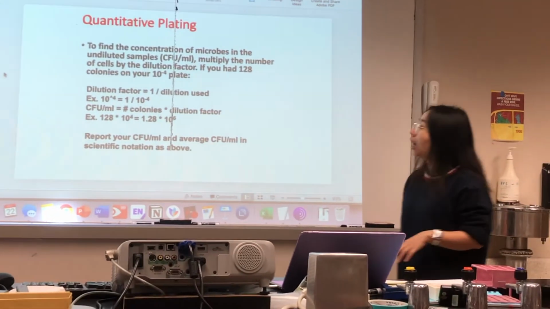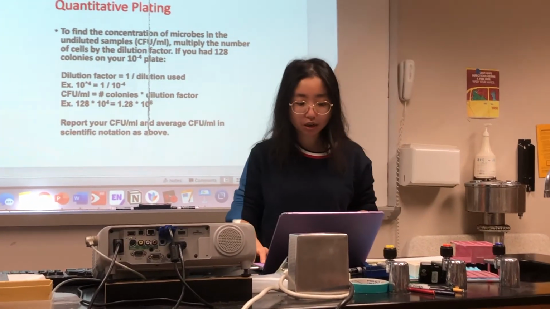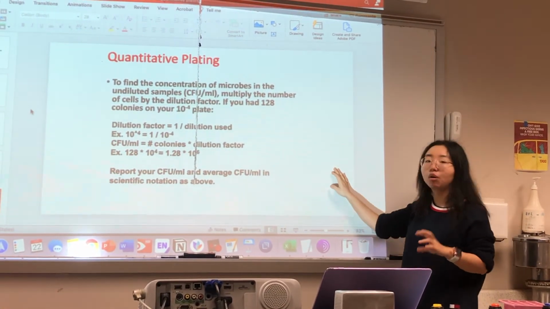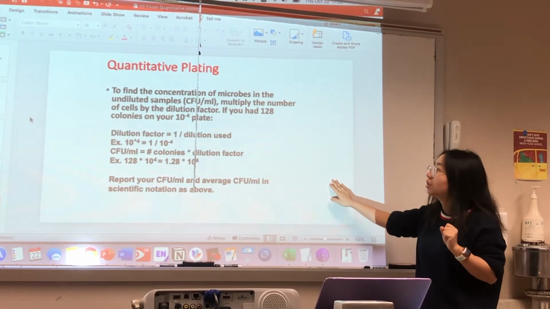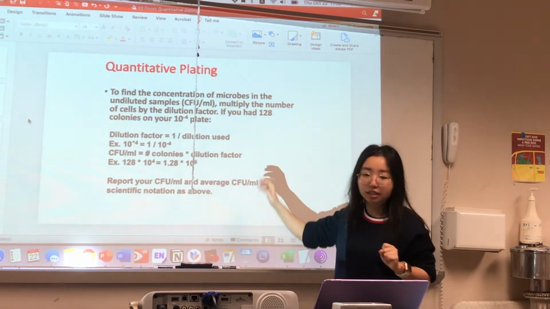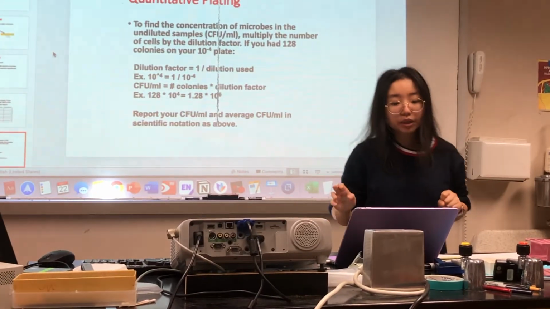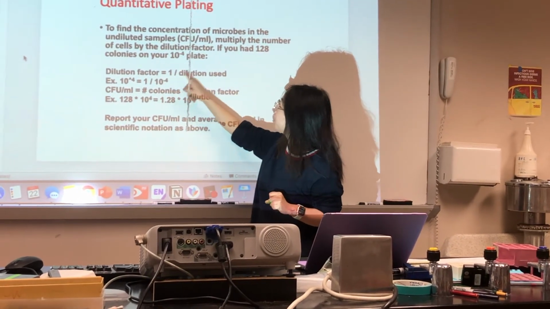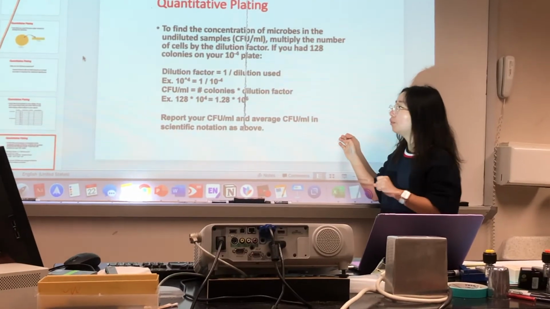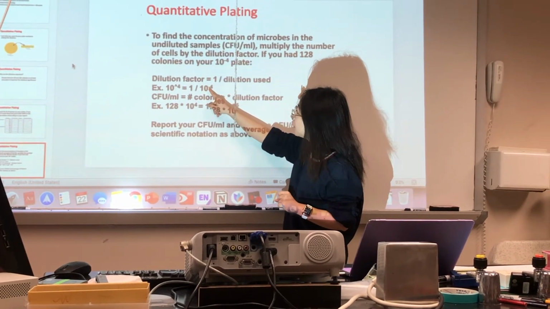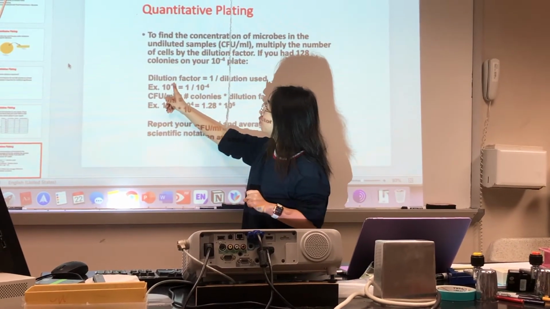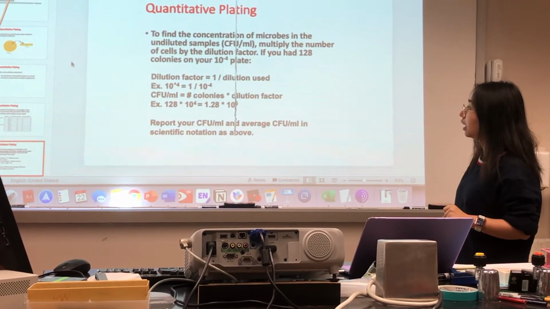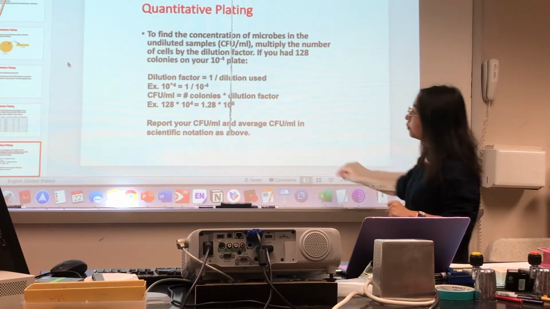After we finish counting the cells, we are going to learn the concept of a dilution factor. The dilution factor equals 1 divided by the dilution you used. If we have a 10 to the minus 4 plate, our dilution factor would be 10 to the 4. This is the idea I want to give to you.